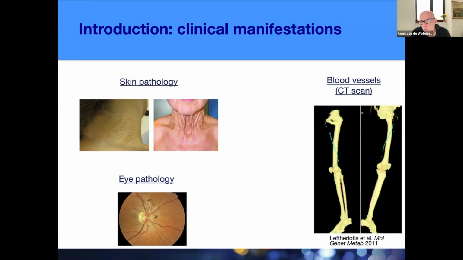So when it comes to the blood vessel involvement, you can see that arteries are affected, and that can be seen in this CT scan. CT is now sometimes used to follow disease progression, also in PXEs. And you can see that here, in this case, an artery is calcified.